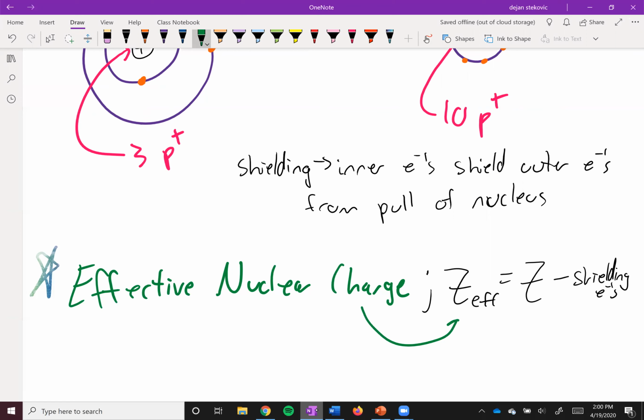So this part right here is effective nuclear charge. This right here is number of protons. And these shielding electrons are inner electrons. So Z effective is the pull that outer electrons feel. They feel the pull of the protons in the middle minus shielding electrons.